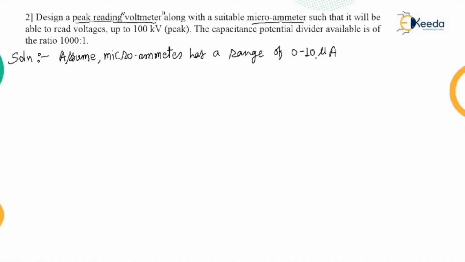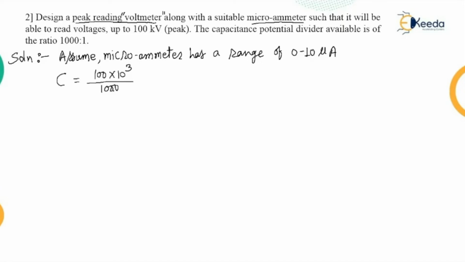So the voltage which is available at the capacitor arm can be calculated. We have a peak value of the voltage, that is 100 kilovolt, which is 100 into 10 to the power 3, divided by the capacitance potential divider ratio given there, that is 1000 by 1.